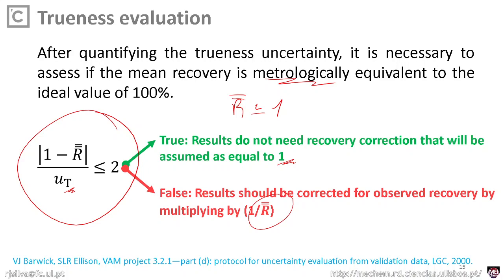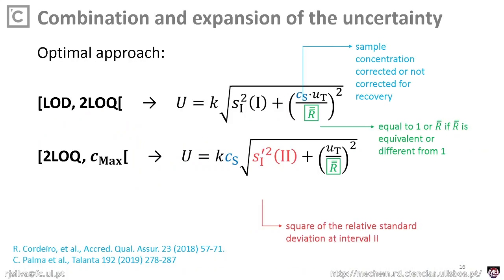So, how should we combine the different uncertainty components? Assuming that there are no other relevant uncertainty components, the optimal approach is to divide our analytical range into interval 1 and interval 2.